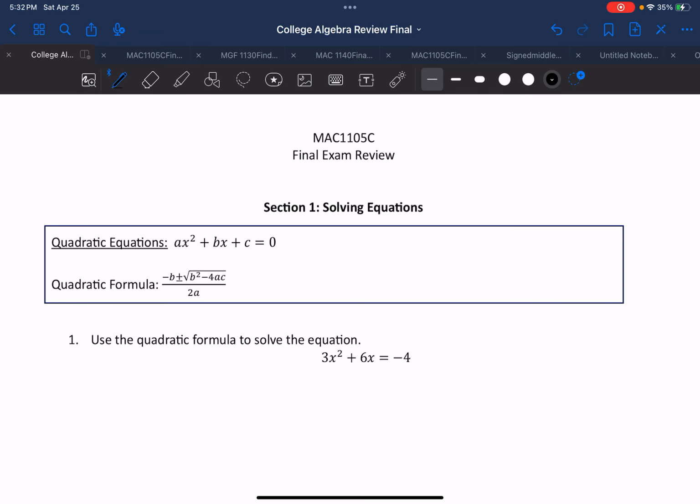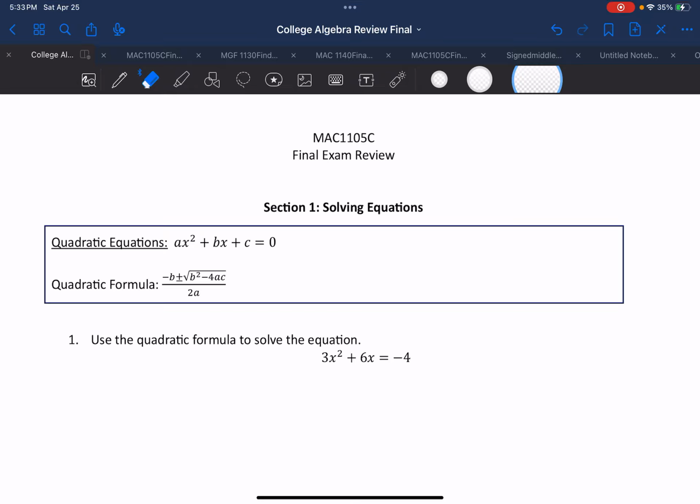So the final will be covering everything that we've learned in the course, for the most part. I mean, of course, we can't test on every single thing, but we're going to focus on the most important topics that we have learned.